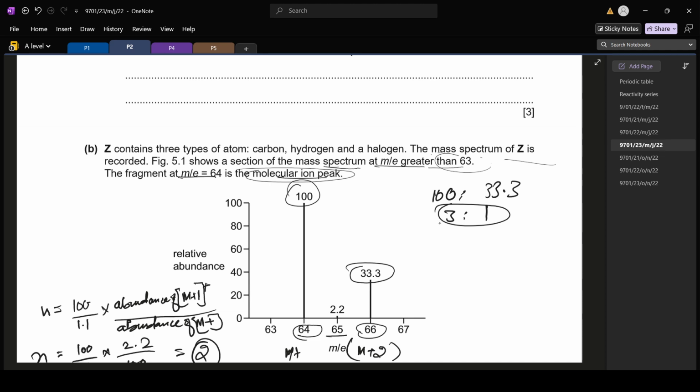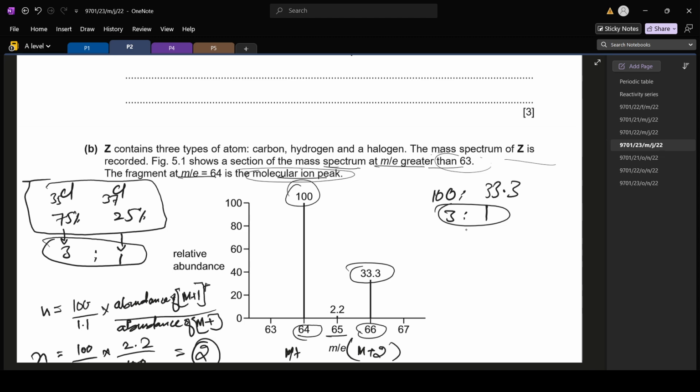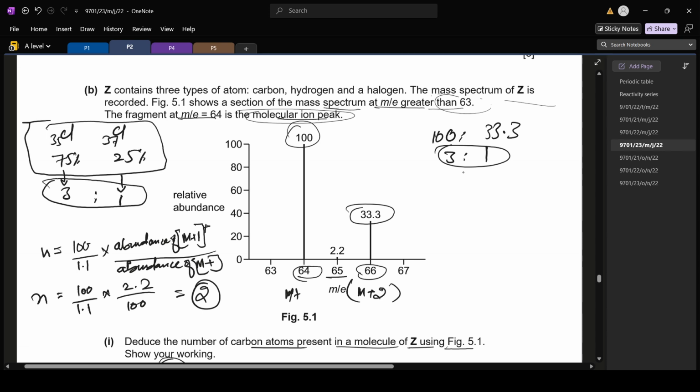If you remember, chlorine-35 and chlorine-37 have a percentage abundance ratio of 75 to 25, so this also has a ratio of 3:1. So this halogen must be chlorine, because chlorine has a ratio of 3:1.